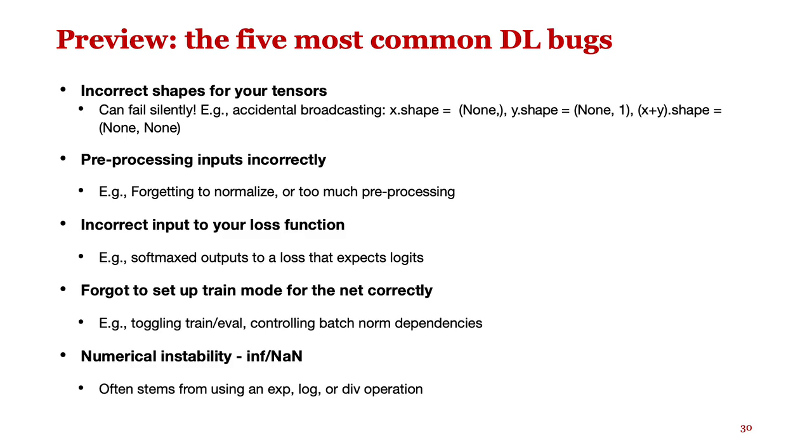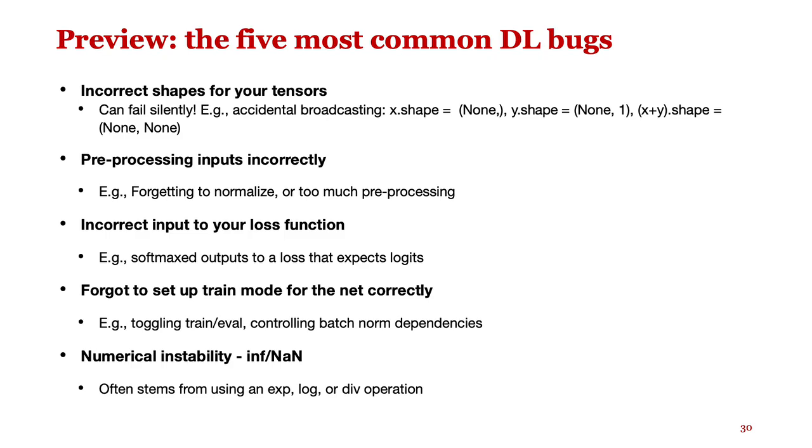Another thing that might happen is that you might forget to set up train mode when you're training your network. So as you know, for example, certain types of operations, such as batch normalization, have different behaviors during training and during evaluation of a model. If you forget to set the flag as training, then these different operations will not do their correct operation, and the model will not train appropriately.